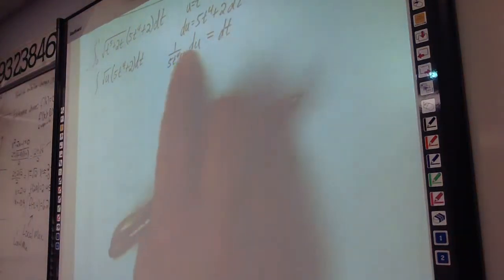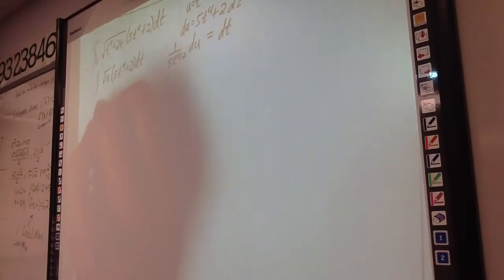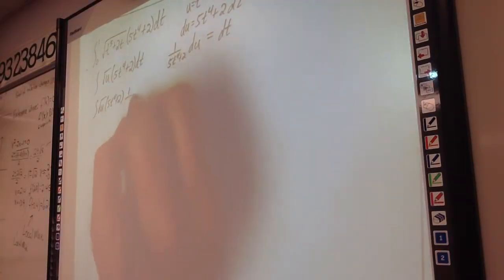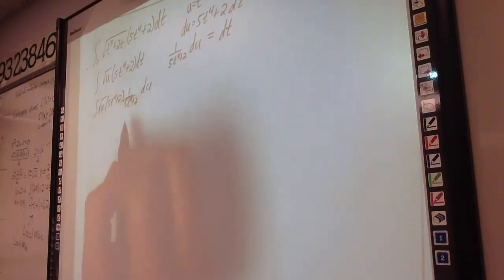So when I plug in for dt, and I'll show all the work here, square root of u times 5t to the fourth plus 2. Well, dt now is 1 over 5t to the fourth plus 2 du. And those are going to cancel.